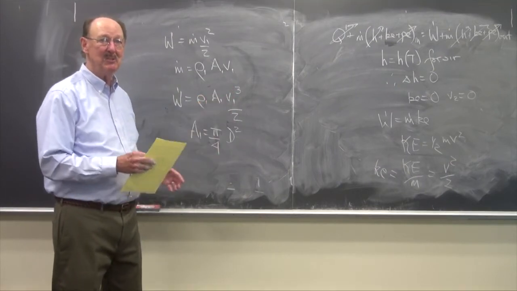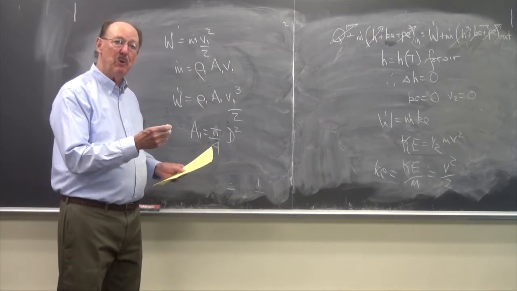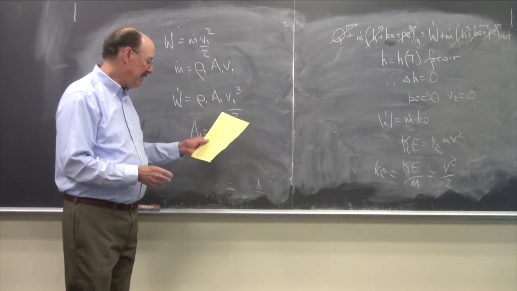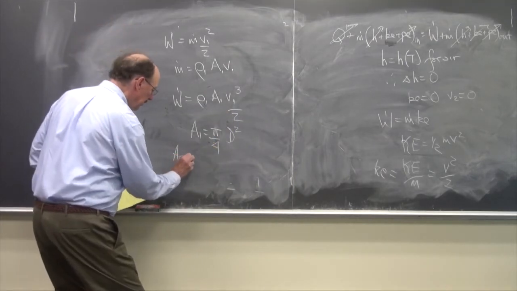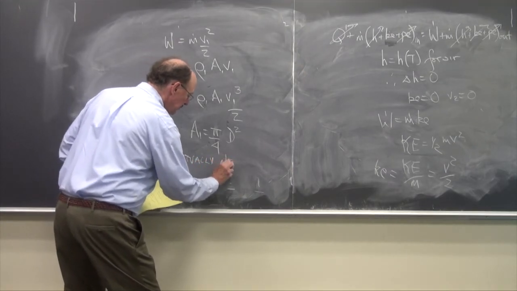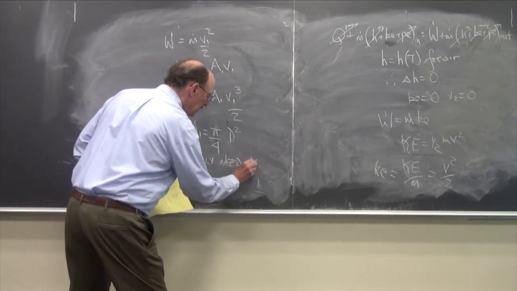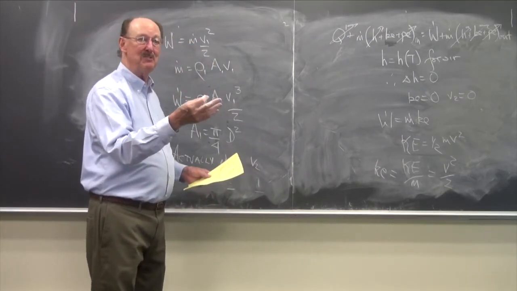And in the text it points out that I need to have an exit velocity. So you actually need to have a velocity so the air gets out of the blade. It doesn't just stop.